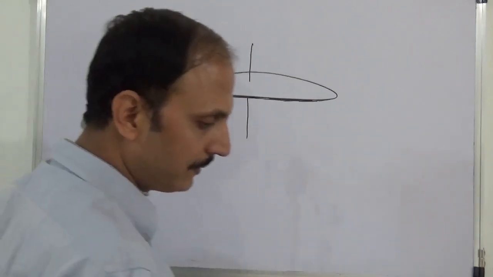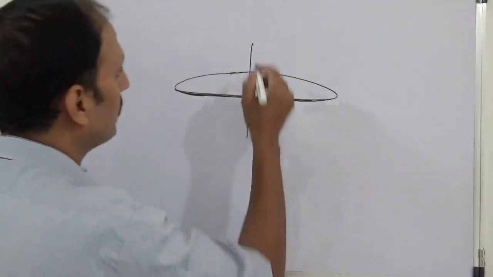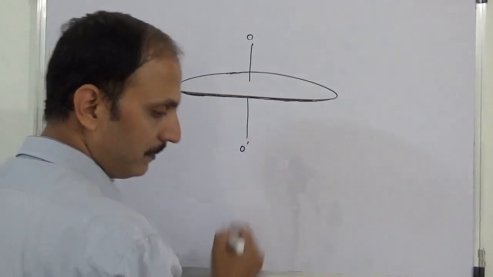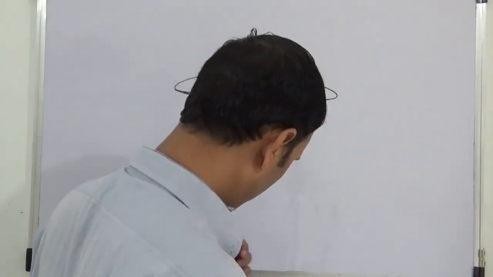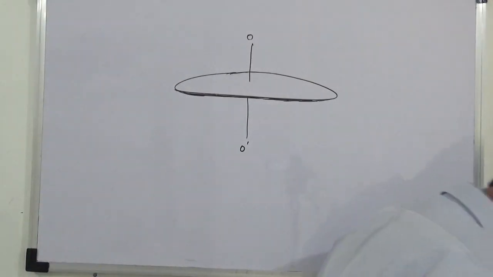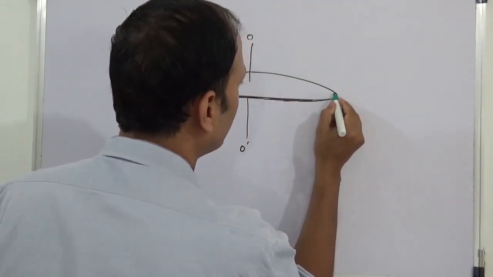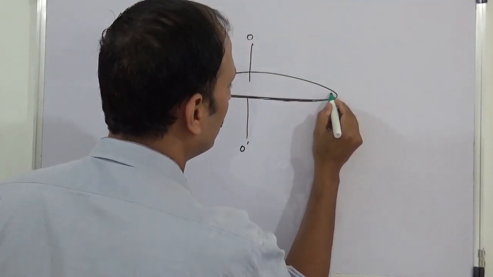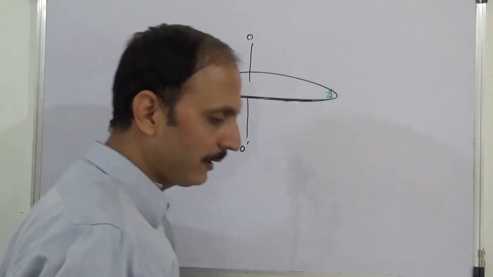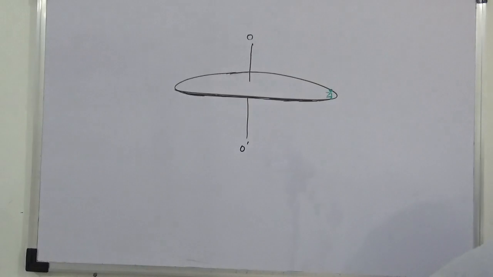There is a disk. This is O prime, and there is an insect here. The insect is crawling.